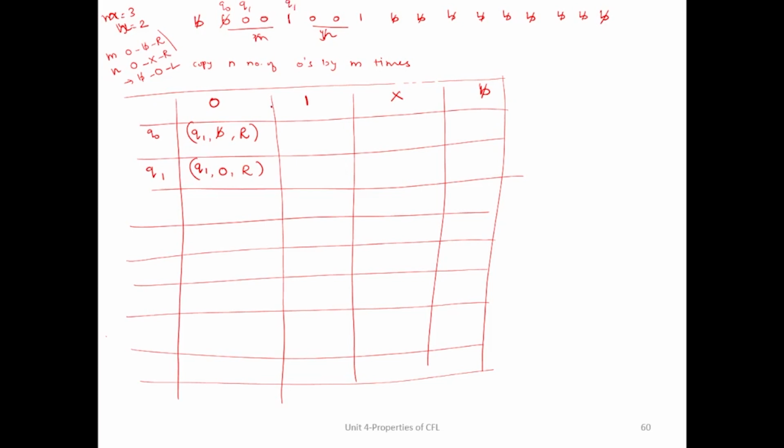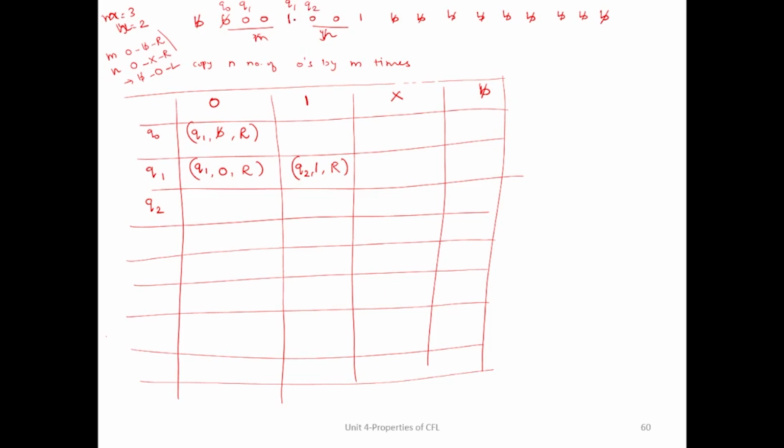Now Q1 reads 1. If the control head reads 1, you don't change the symbol, only move to the right direction, but you should change the state, because for differentiating the m number of zeros and the n number of zeros read by the head, we should change the state. So now the state is changed to Q2 and the control head reads the nth 0.